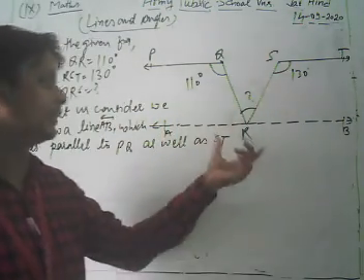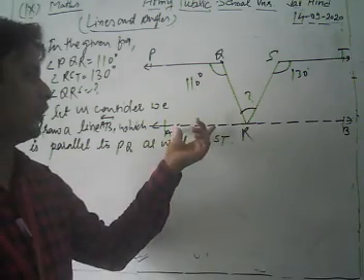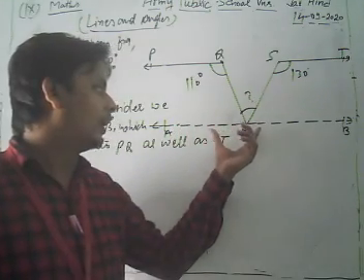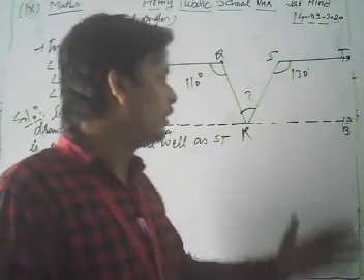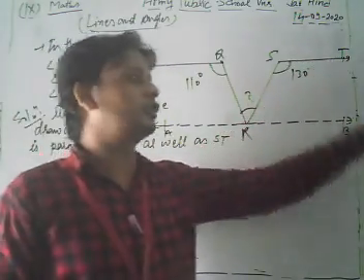First of all we draw a line ARB, or we can say AB, which is parallel to PQ as well as parallel to ST.